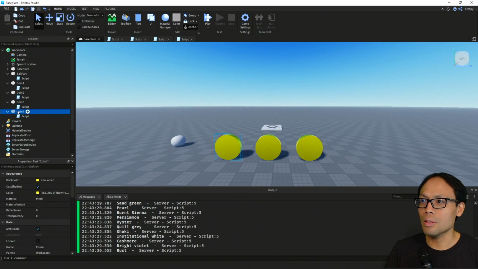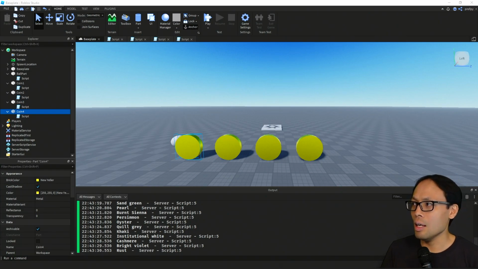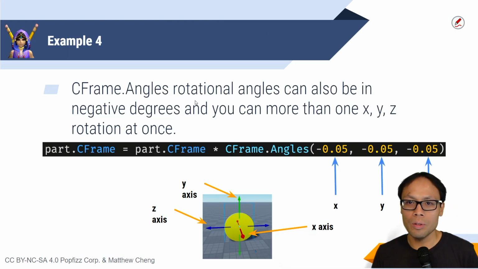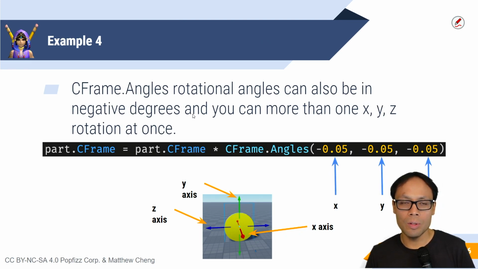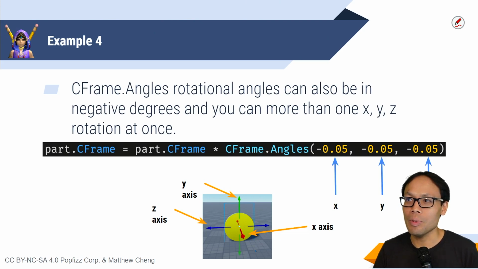And again, let's select it here. So now we've got a coin 4 right over there. And just to note for yourself that rotational angles can also have negative degrees. And just because we want to have a little bit of fun here, let's go ahead and change the X, Y, and Z all at once and see what happens.